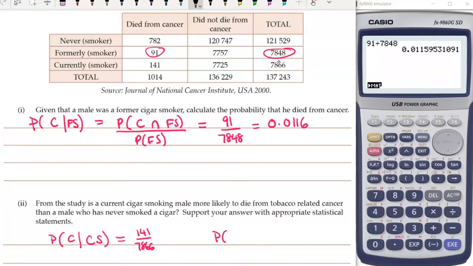The probability that they die from cancer, given that they have never smoked a cigar, so that's looking for the ones that died from cancer and never smoked, is 782 out of all of the ones that never smoked, which is 121,529.